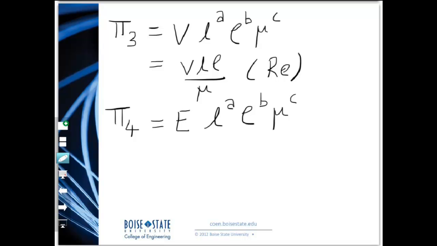I would appreciate you practicing it. Okay, because I arrived at this answer by solving it, just to save some time I'm gonna go ahead and write the answer. So this would be E L square rho over mu square.